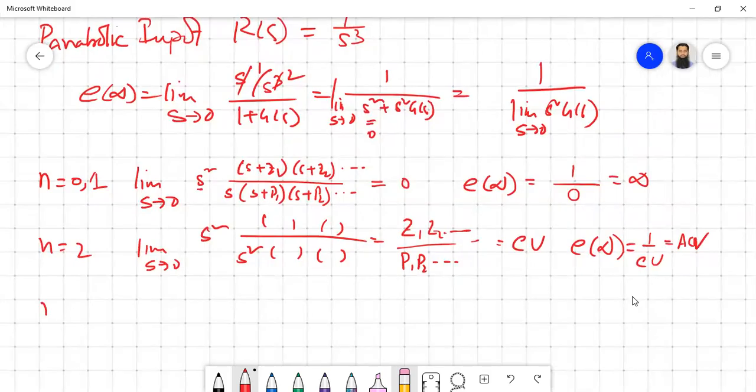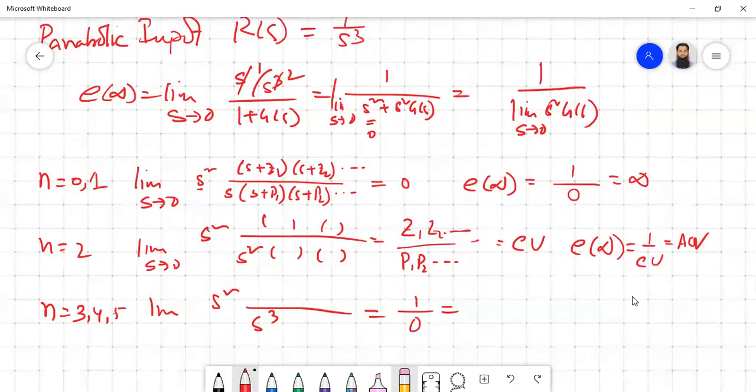So what will happen if n equal to 3 or more? So 4, 5 goes on. In that case, we have a higher order here. So now 1 by s will be there. So s is 0, so 1 by 0 is infinity. So your steady state error will be 1 by infinity, which is 0.